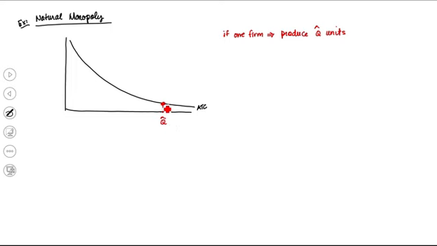So that's going to put them at point A on our graph. So one firm is going to be pretty big. It's going to produce at point A Q hat units. And so we see that our average total cost is right here. Call that ATC1.